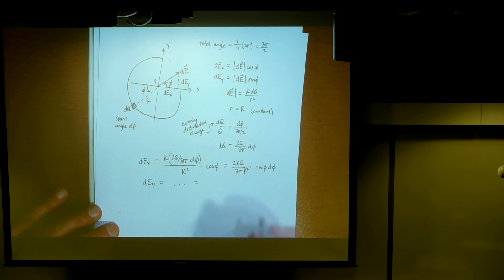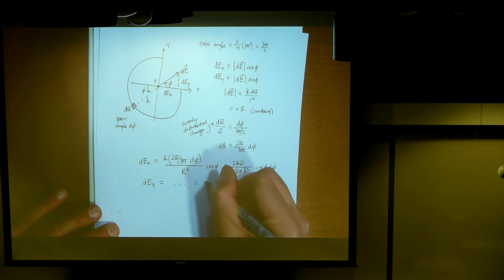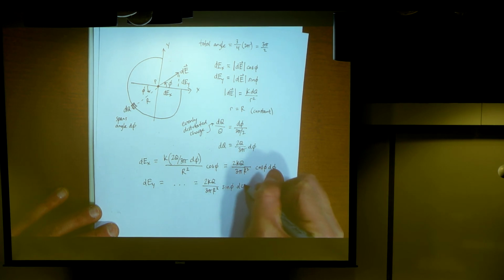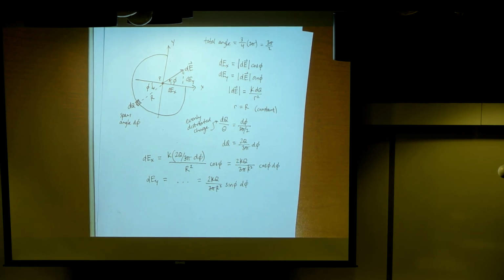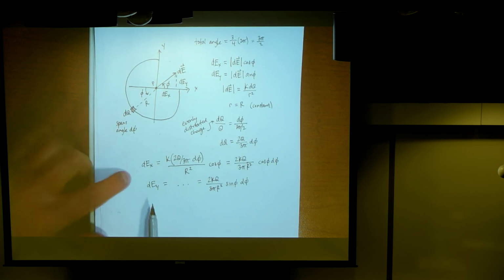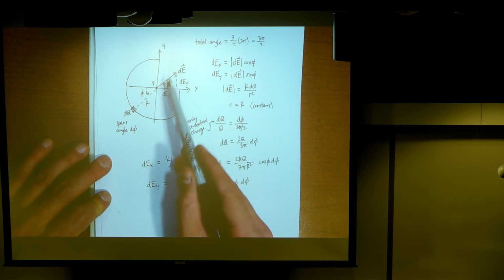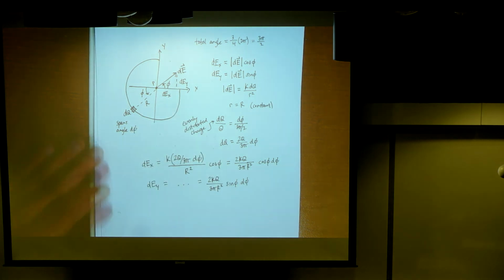So same exact formula you'll end up with, which is 2kq divided by 3 pi R squared, except now we have sine phi d phi. So to recap, these are the x and y components of this infinitesimal bit of electric field contributed by this charge element dq.